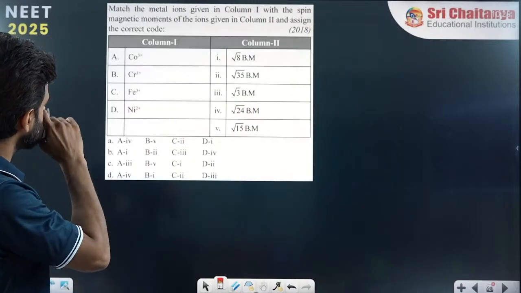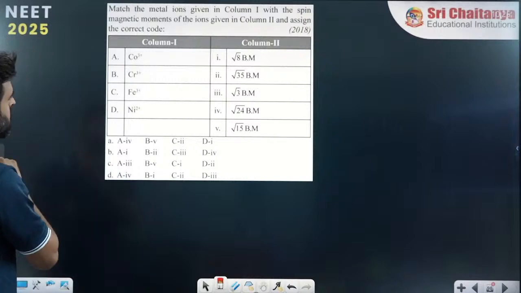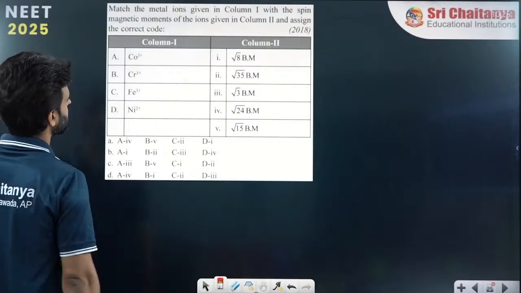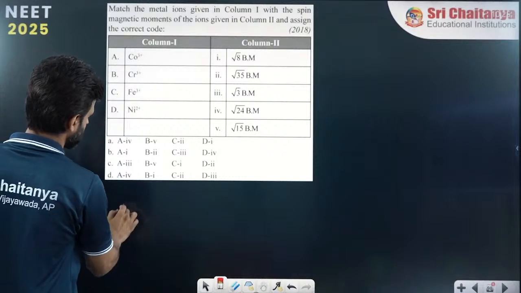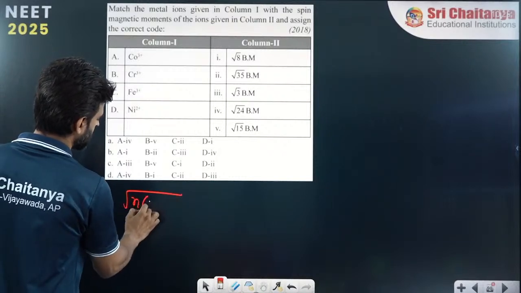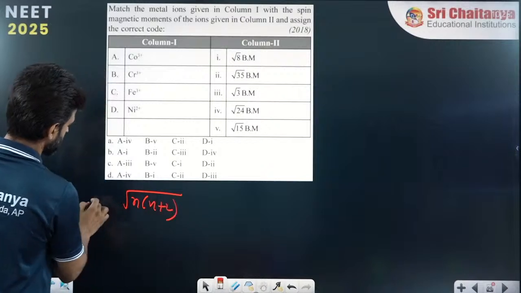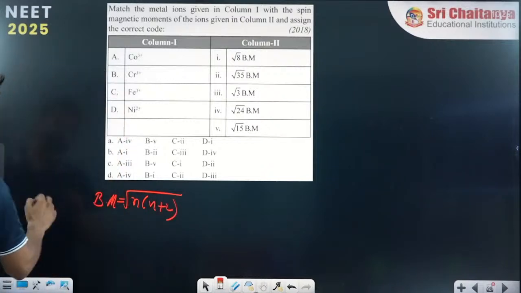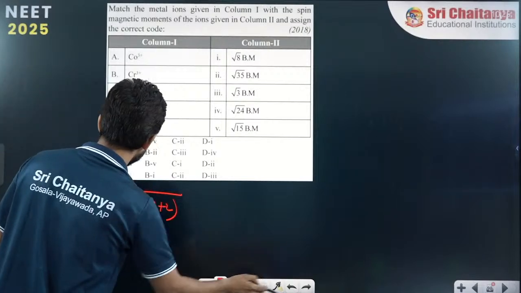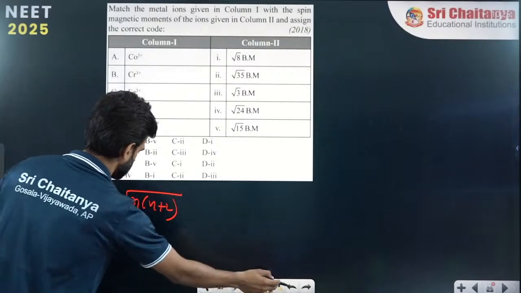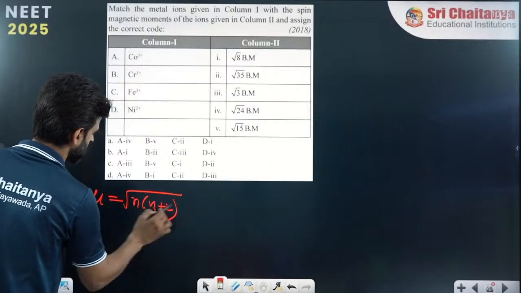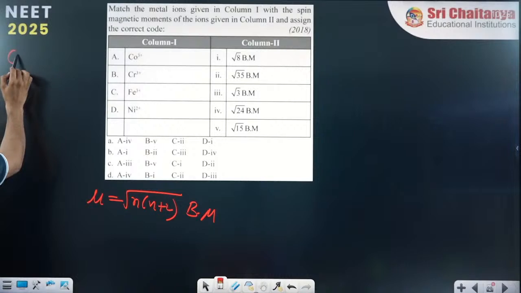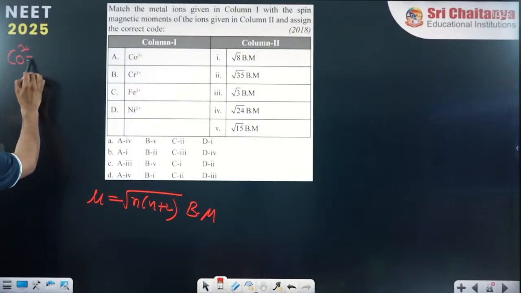The next thing is again about the magnetic moment they are saying, easy to find. You can see how many unpaired electrons it is. The formula I am writing, it's under root n into n plus 2 Bohr magneton. One example I am giving. This is mu. You show it in mu, the value comes in Bohr magneton. If I am saying cobalt +3, cobalt +3 is what?